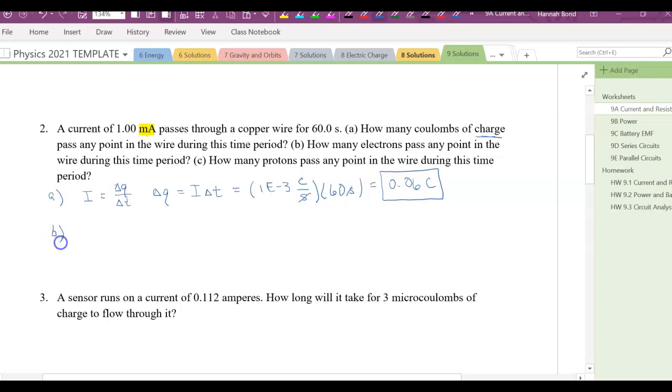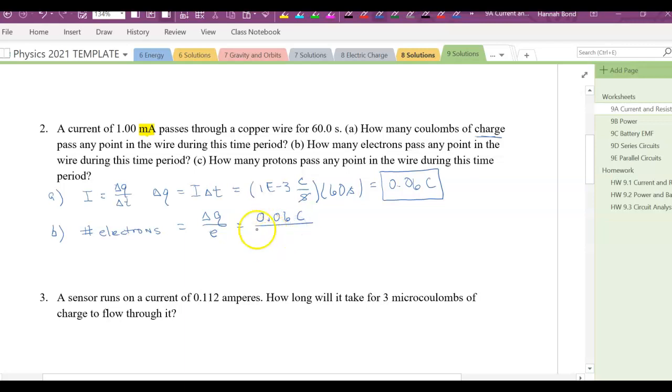And so how many electrons pass any point during 60 seconds? Well, the number of electrons would be that net charge divided by the elementary charge, right? Because each electron that flows past is carrying a small amount of charge, and so they all add up to this 0.06 coulombs.